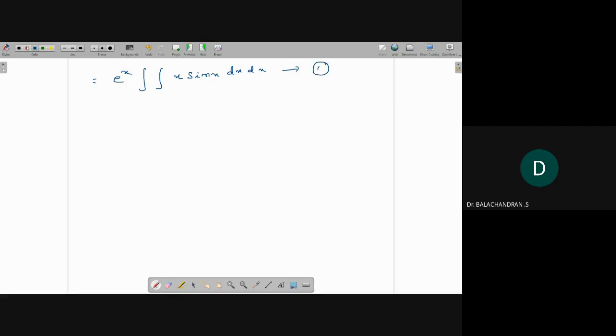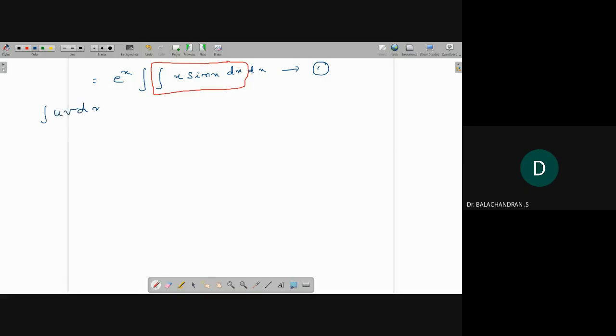Now I am going to integrate only this first part. For this, I'm going to use not integration by parts but Bernoulli's formula for integration.